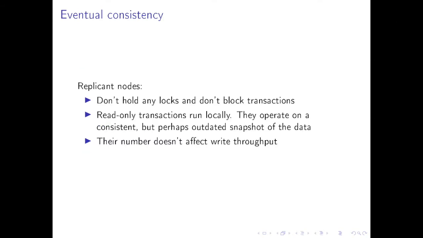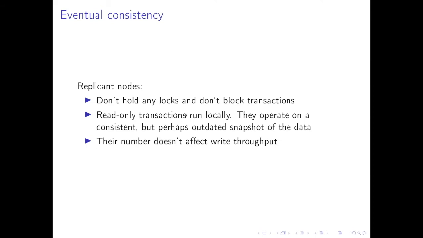So basically, we will run the EMQ X application on these replicant nodes, and we can scale the number of these replicant nodes, but they won't hold any locks. We won't block transactions, and they will have a local replica of data.